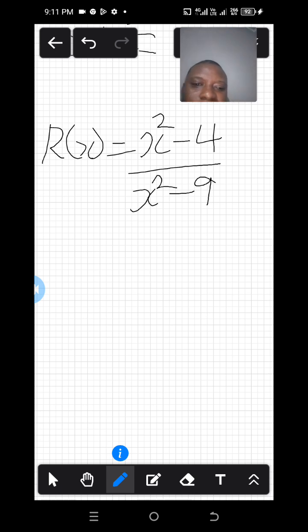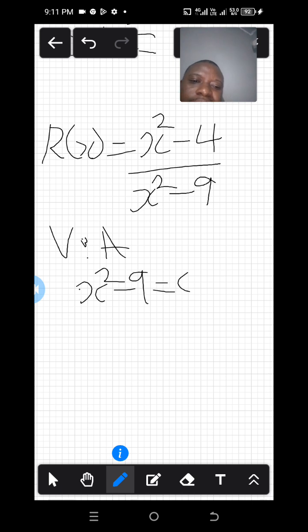Permit me to use VA as the vertical asymptote. So how to get it? For every rational function, equate the denominator to 0 and solve the value of x. So we have x squared minus 9 equals 0.